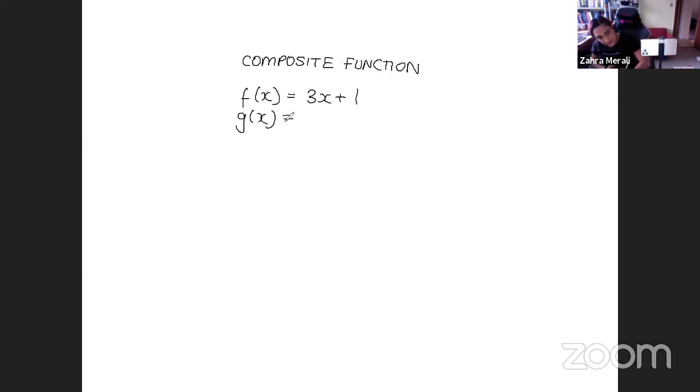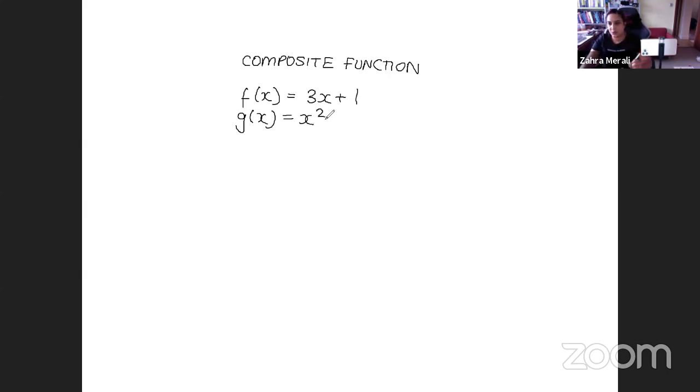Next bit is composite functions. So a composite function is putting two things together. So remember we said it doesn't always have to be an f, it could be any letter. So we're going to have an f(x) and a g(x) because that's typically what's used.